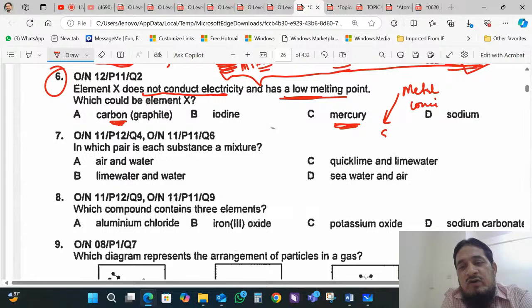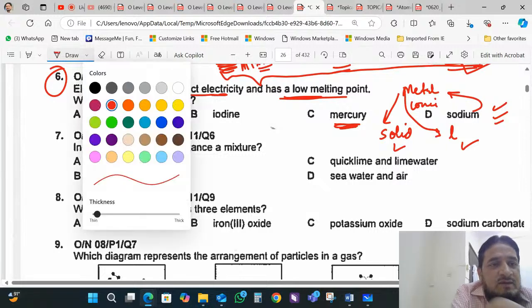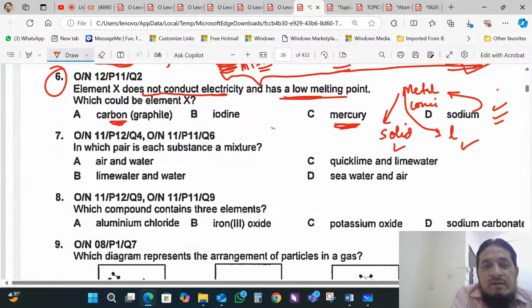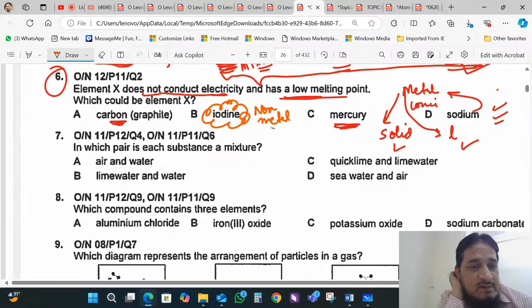Metals in solid form will conduct electricity. In the molten or liquid form, they will conduct. Sodium is also a metal, so this will be conducting. The only non-metal you can see is iodine. So this is the non-metal. Non-metals are not conductors of electricity. So you are going to take it.